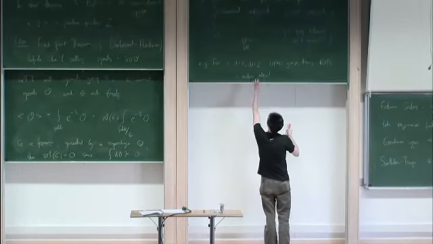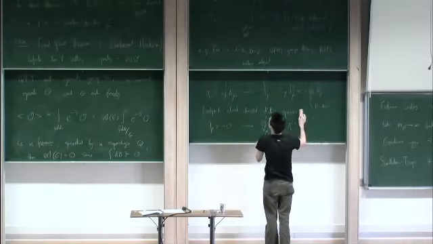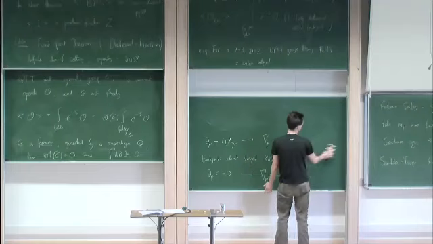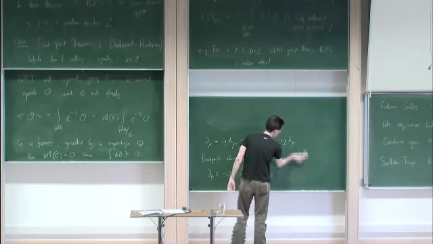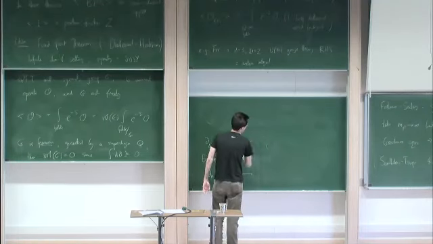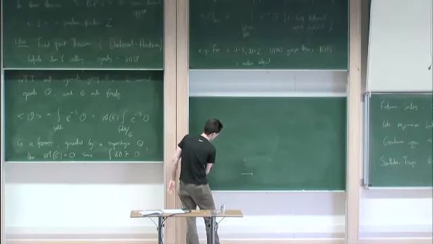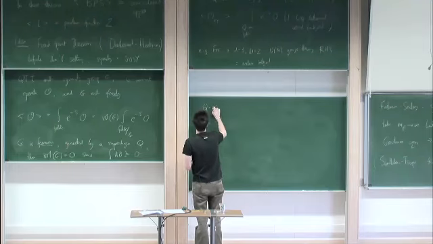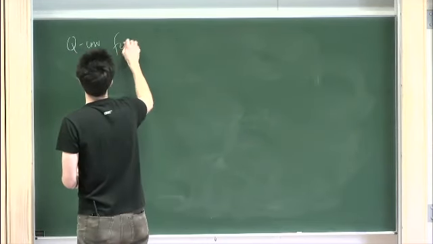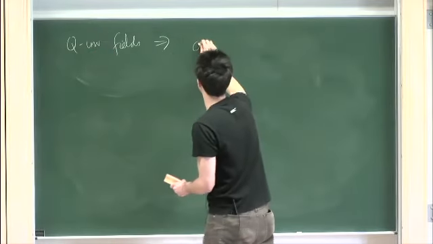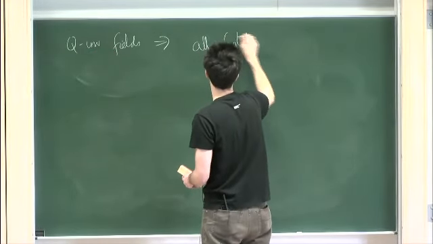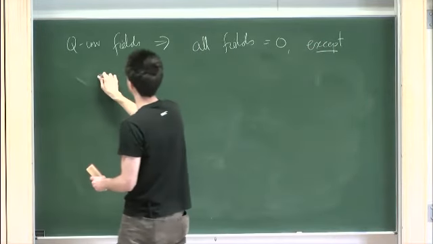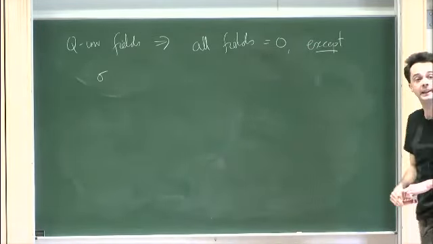Okay, so what happens is that you get some version of the Bogomolny equations to solve, and the only solutions to that on these compact manifolds are basically trivial solutions. And that's the difference compared to what happens in other dimensions. So the Q invariant fields implies actually that all fields are just 0, except for this scalar sigma in the N equals 2 vector multiplet.